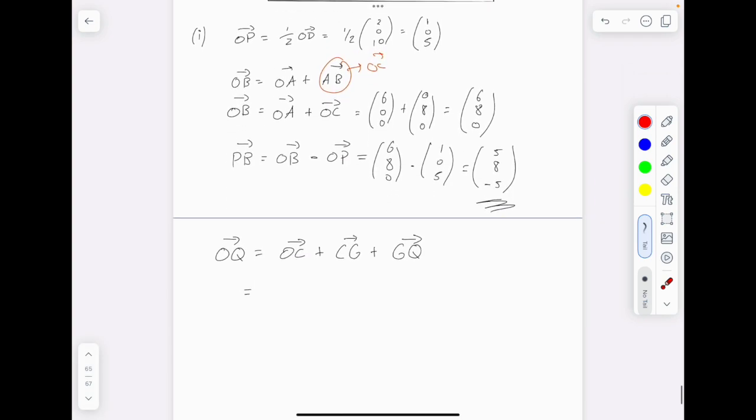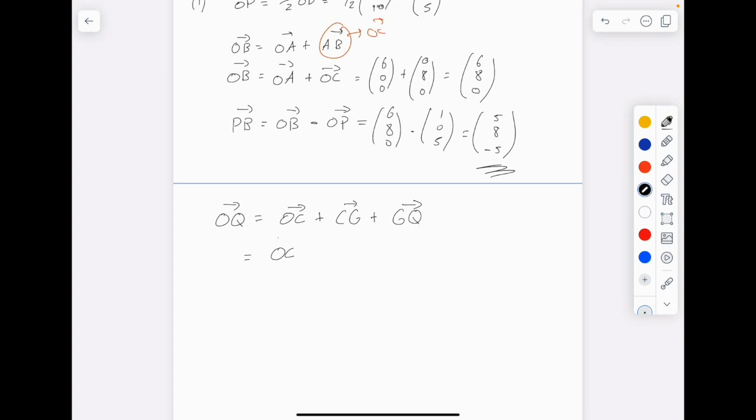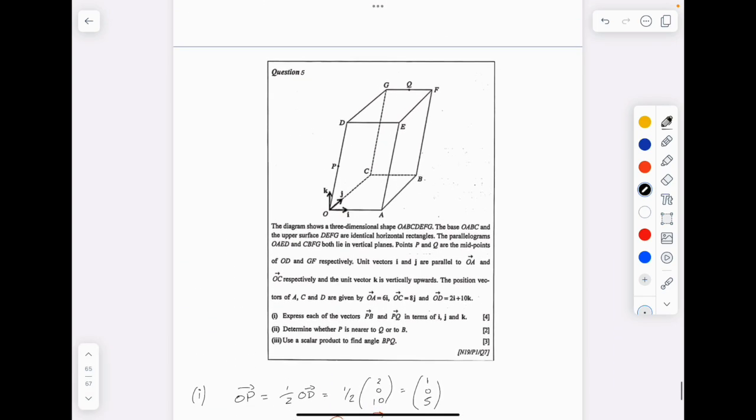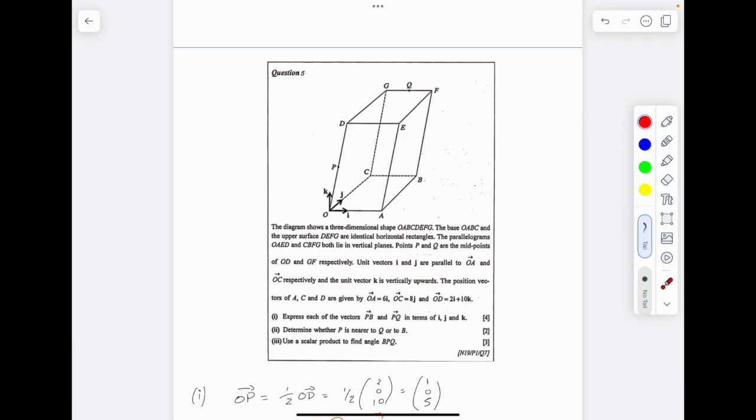Okay, so what we got is OC plus OD, and GQ is the same thing as, let's see, OA here, because we have OA, we can therefore find DE, which is the same thing as this, okay?